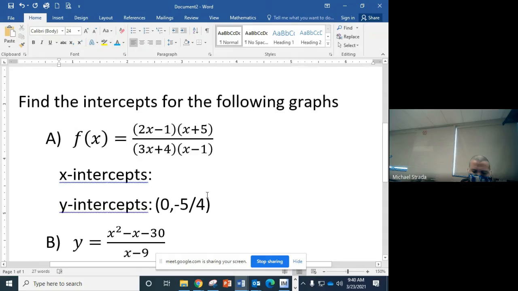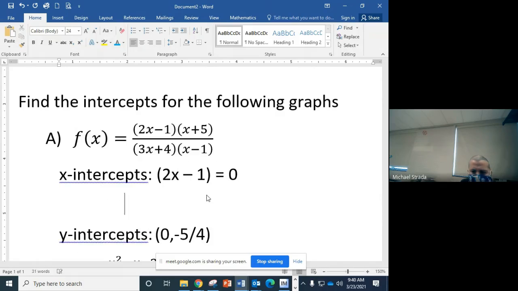To get your x-intercepts, this is what you do to give you the quick version for tomorrow. You set each of your binomials up top equal to what? 0. That's it. So you set your numerator equal to 0. All right, so it's kind of like when you solve a quadratic. All right, what's up? Why is it a negative 5? Oh, they're both negative, so it'd be 5 over 4.